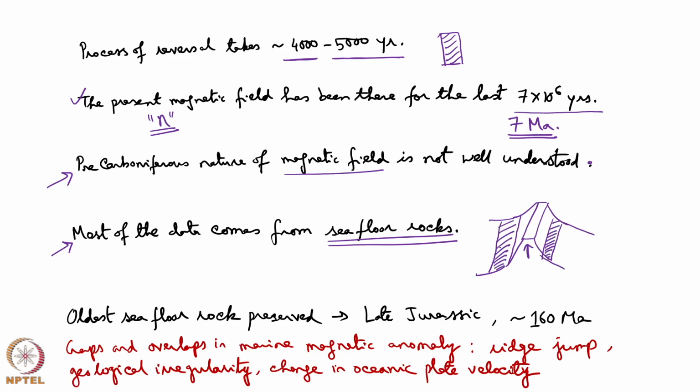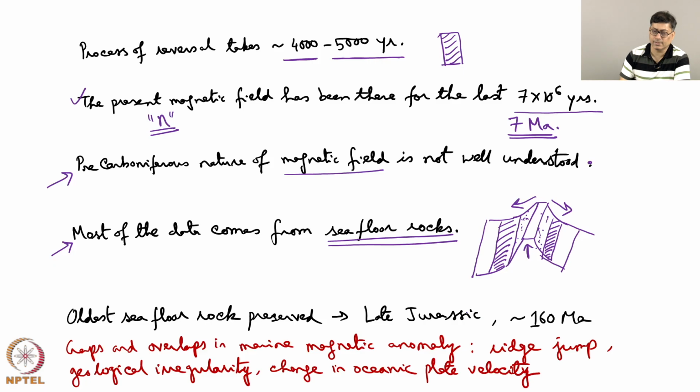Here we have the old batch of basaltic lava, and then the newest batch is here, and here we have got the third one. When this lava is coming and spreading at both the sides, it can acquire the Earth's then magnetic field, normal polarity or the reverse polarity, and it gets preserved.